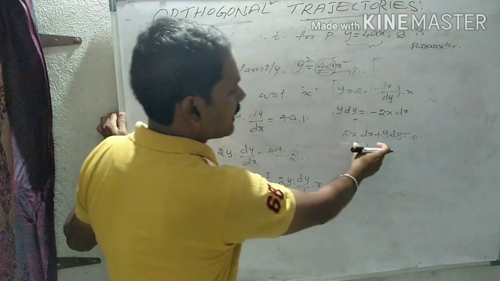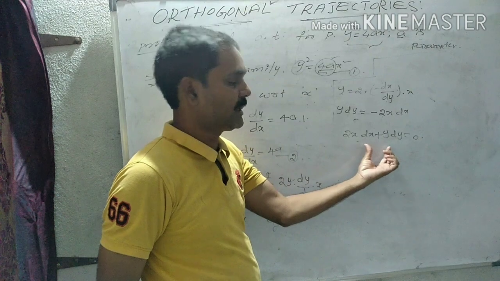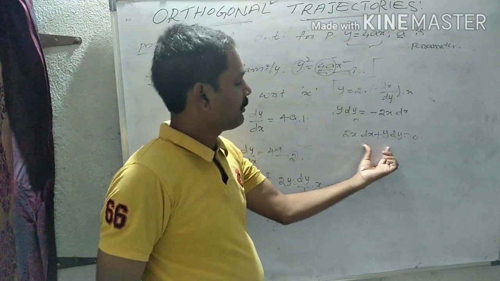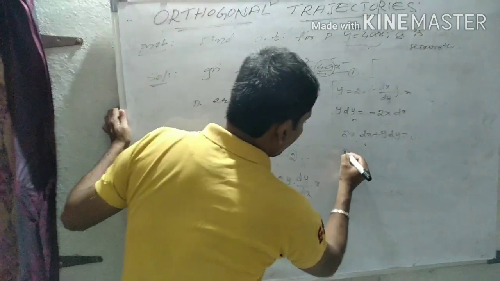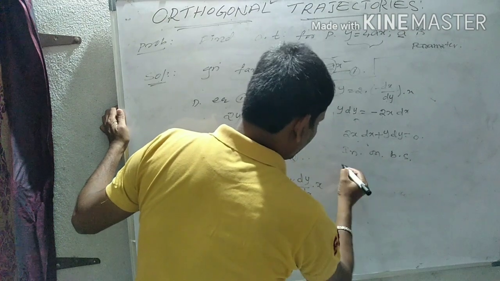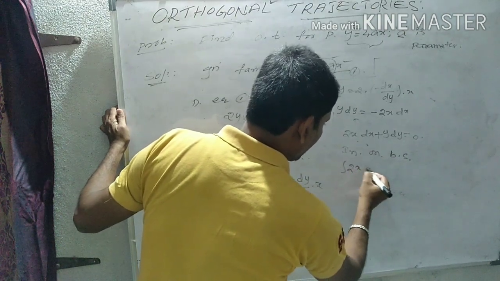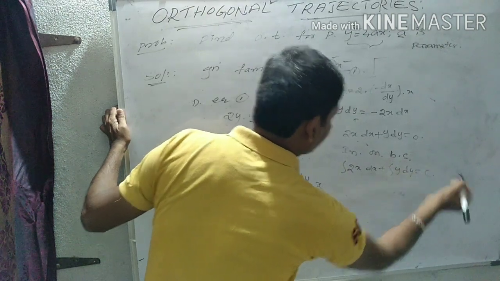So this is clearly integrable. 2x dx plus y dy equal 0. It can be solved by variable separable. So integrating on both sides, integration 2x dx plus integration y dy equal c.